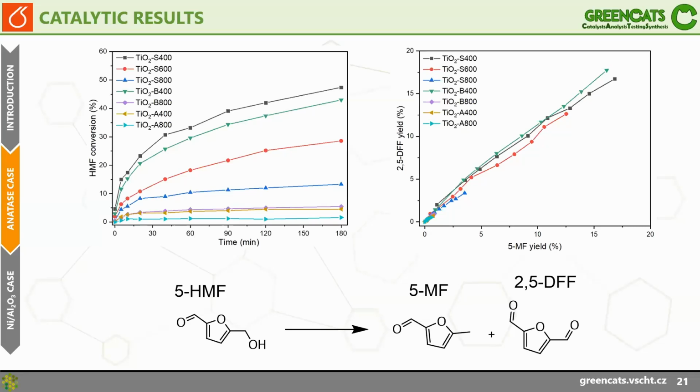The highest activity I will show on the next slide, but that comes with the materials with the largest concentration of surface sites. I already showed that we have these two products. What we can see on top of that is that they are formed in equimolar amounts, so this is somehow connected.